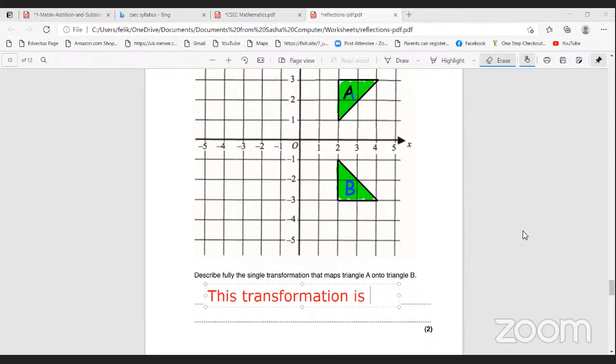Is it a rotation? Is it a translation? Is it an enlargement? It is a reflection. All right, it's a reflection. I know you need to tell me which axis. In the x-axis. It's correct. That's it.